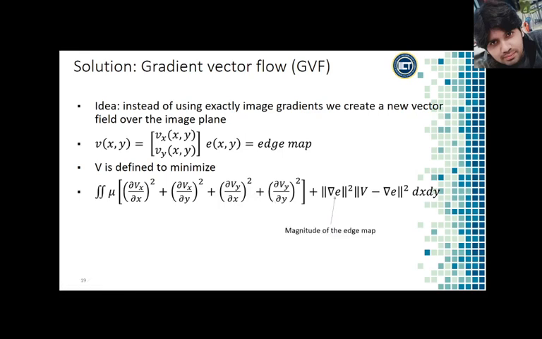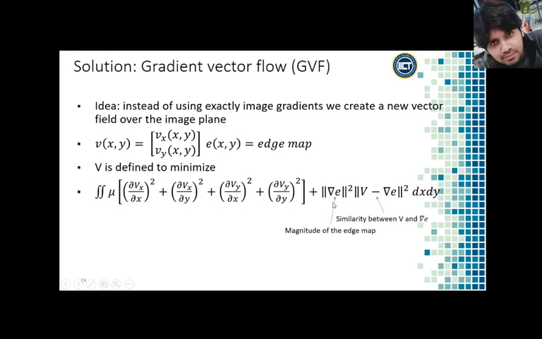This term here is the magnitude of the edge map, and this term here is the similarity between the vector flow and the gradient magnitude of the edge map.